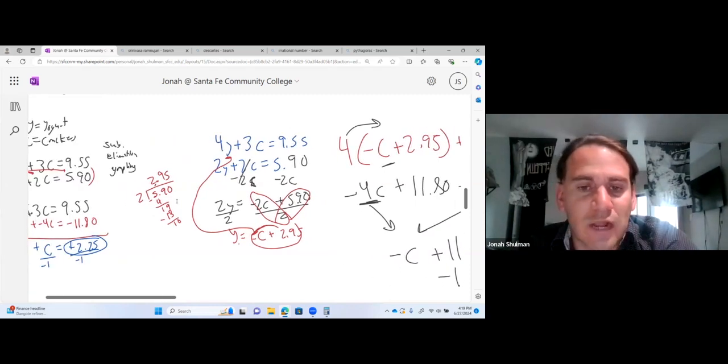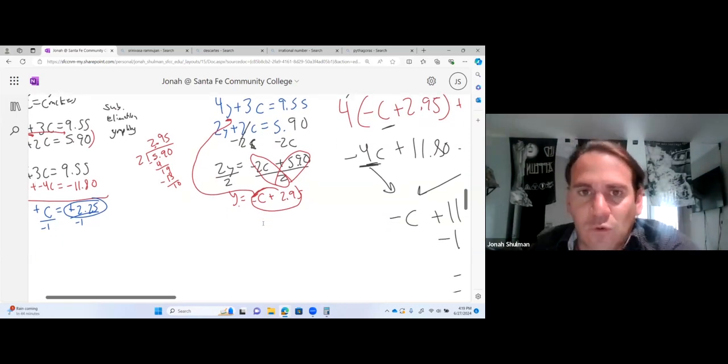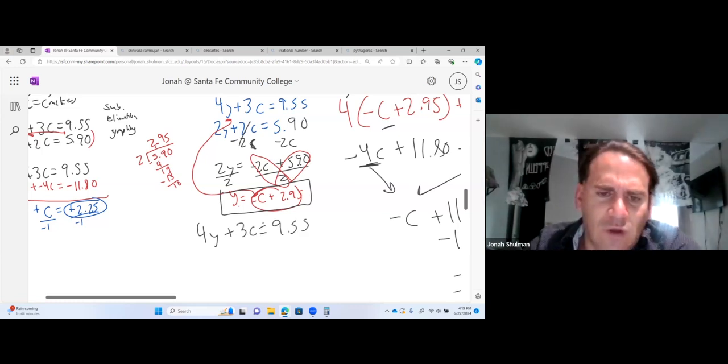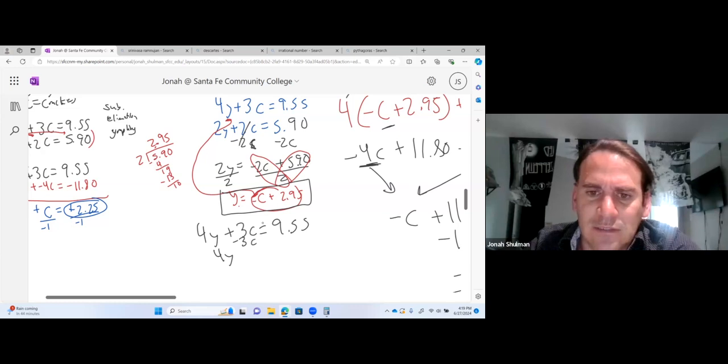The last way is the graphing way, okay? So for graphing, we have to solve both for y. We solved the bottom one for y. Now let's get the top one. 4y plus 3c equals 9.55. So for 4y, I'm going to minus 3c from both sides. 4y equals negative 3c plus 9.55.